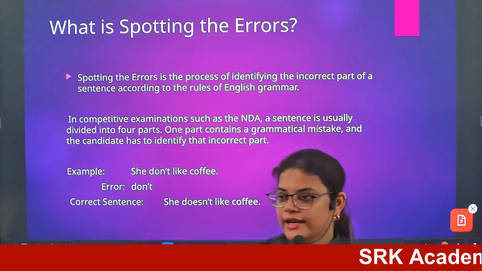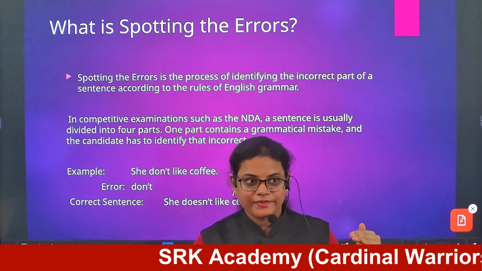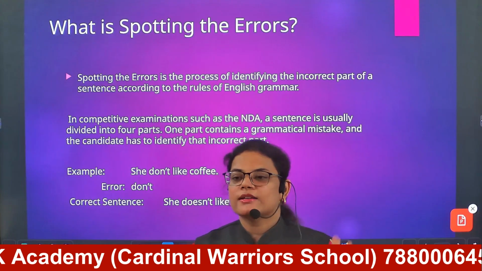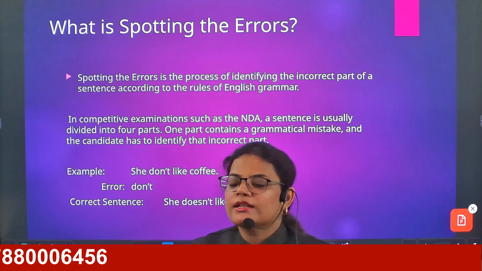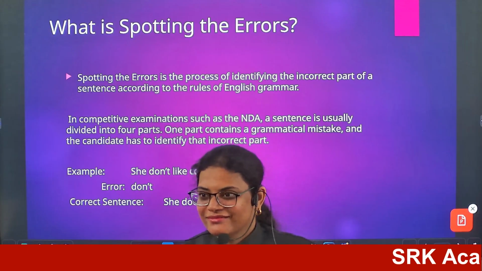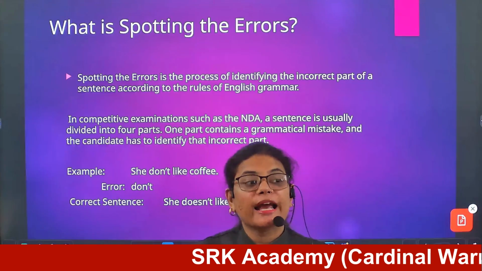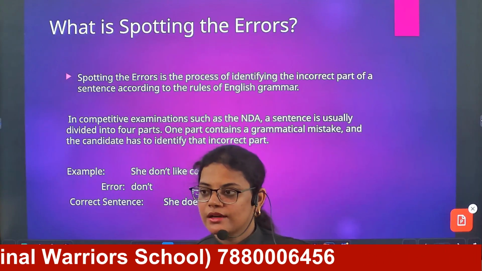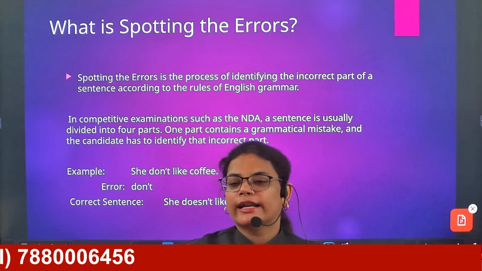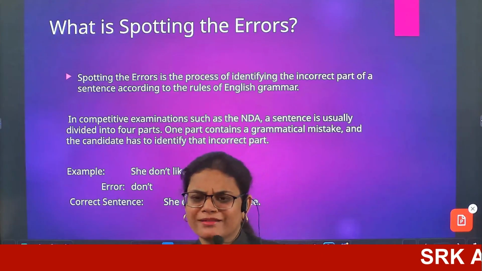Ram went to Delhi is a complete sentence. Without informing me is also a complete meaningful sentence. Delhi me, what is this? It is an error. It should be eliminated from this sentence. We should remove these words. Now it is complete: Ram went to Delhi without informing me.